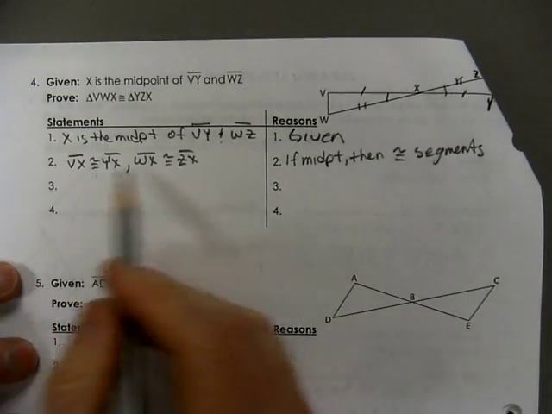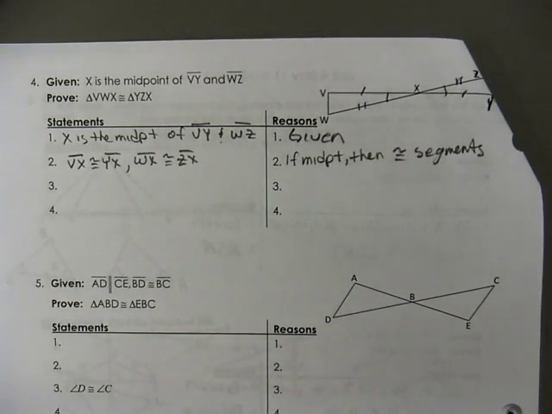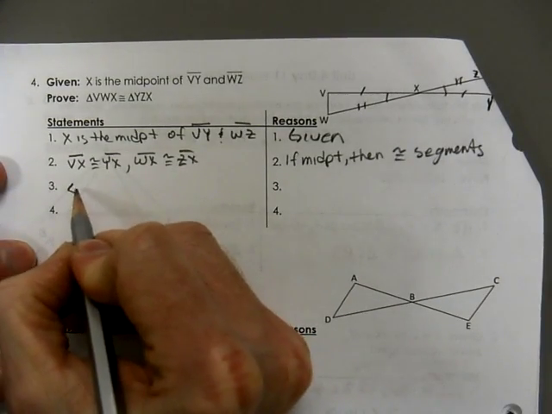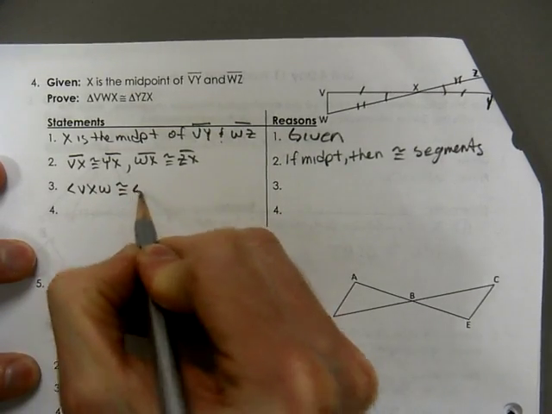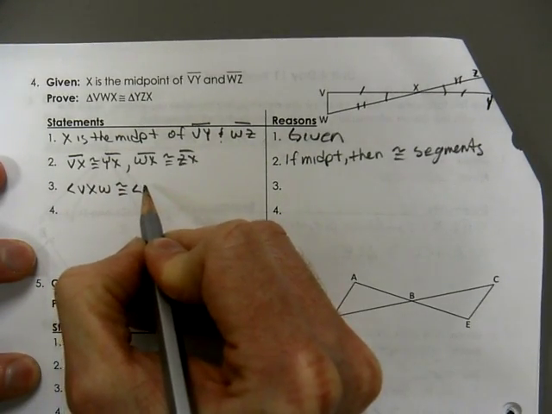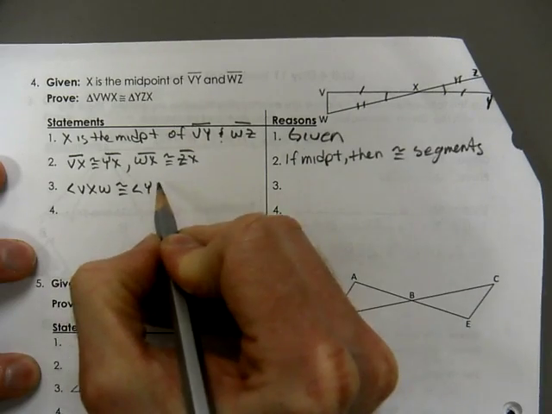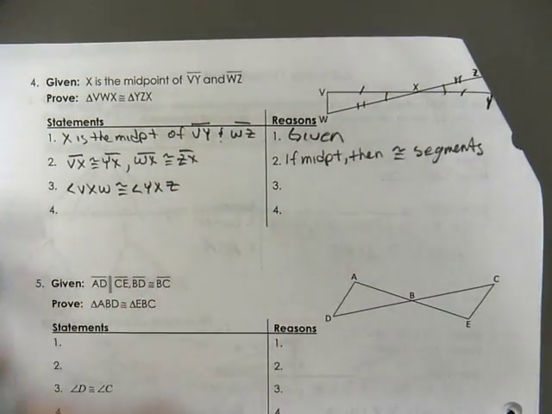Okay, so here we have our 2 S's. What else are we going to be able to say? We talked about angle VXW being congruent to angle YXZ.